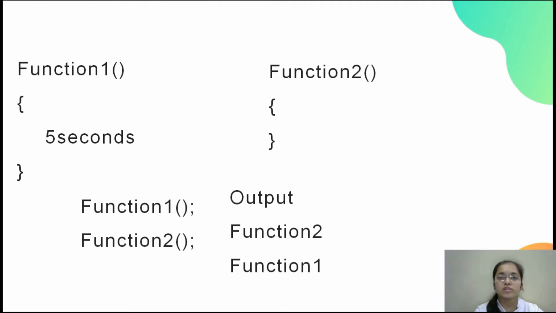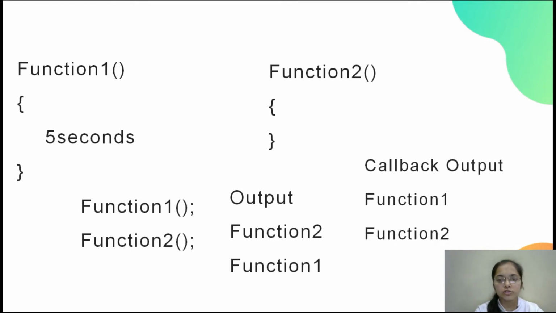So this is known as asynchronous execution of the functions. When we call the functions without using the callback function, the second function will not wait for the first function to be executed. When we use the callback function, our output will be function 1 and then function 2. At that time the second function will wait for the first function to be executed, and then the second function will be executed.